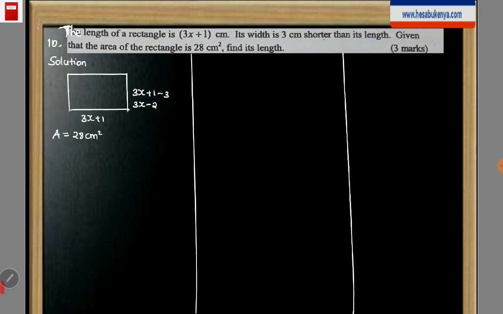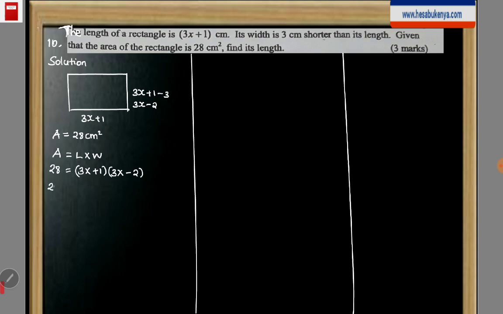So we know that the area of a rectangle is given by length times width. Therefore, 28 will be equal to length, which is 3x plus 1, times width, which is 3x minus 2.